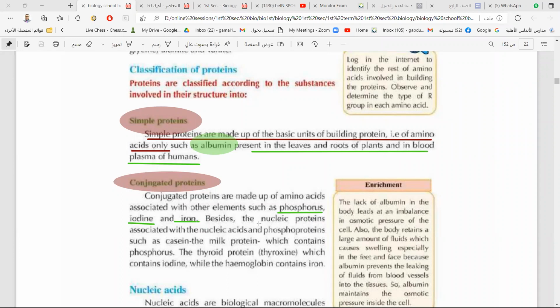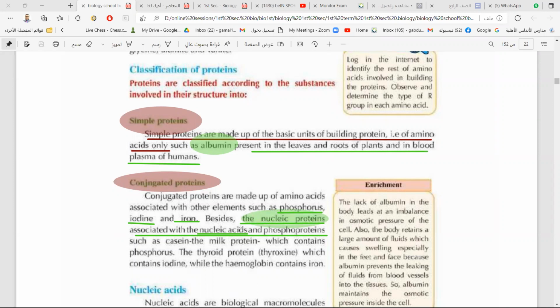Conjugated proteins include the protein associated with nucleic acids. They are called nucleic proteins.